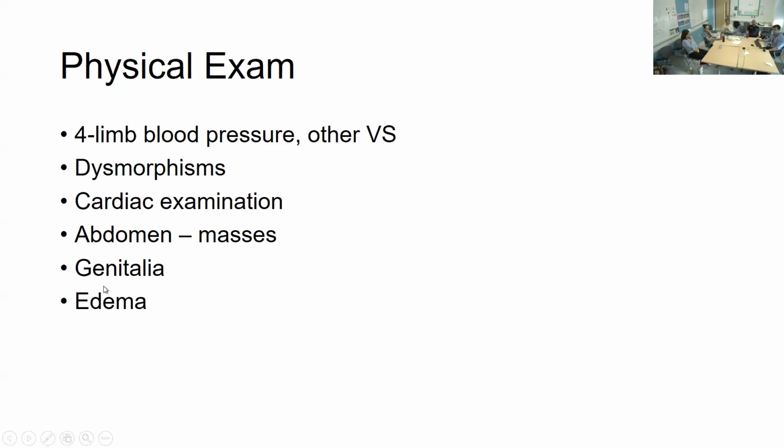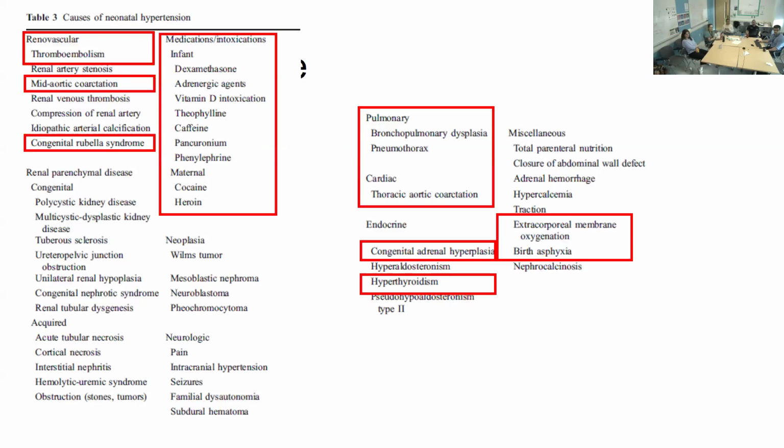Genitalia as well, if there is any ambiguous genitalia or disorders of sex development, and of course edema, will affect things as well. This was our big list of everything, but already just by doing your history and physical exam, you've already assessed for quite a few things.